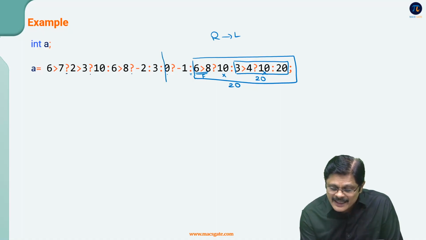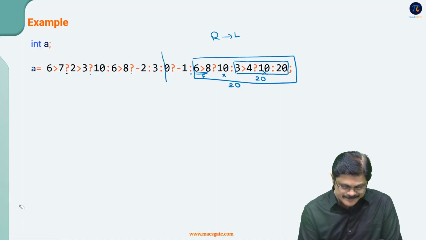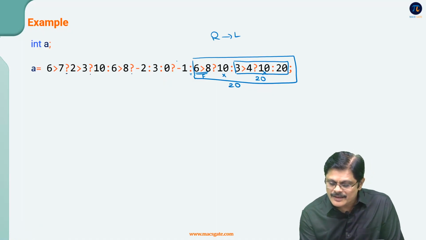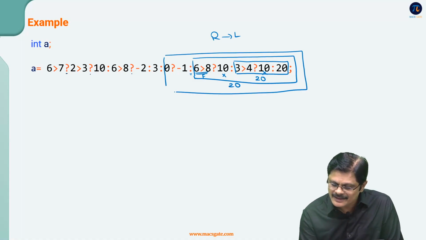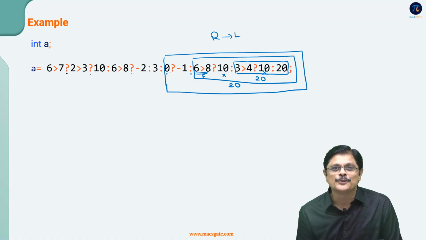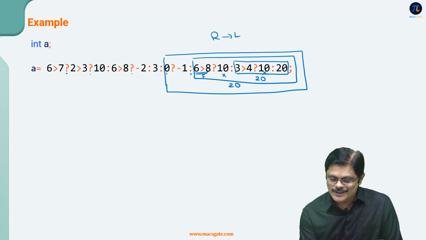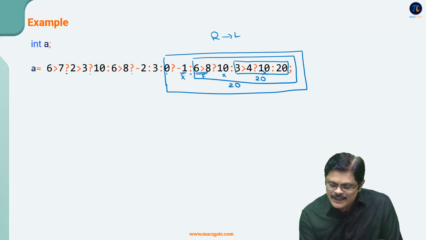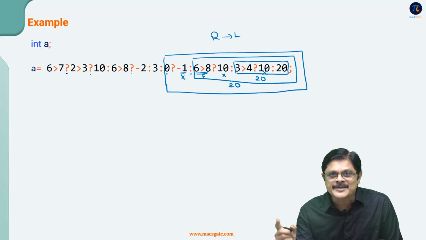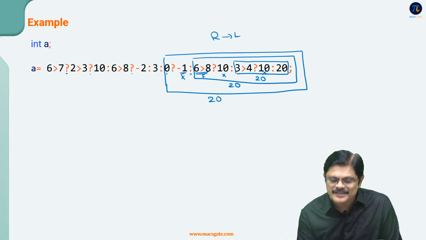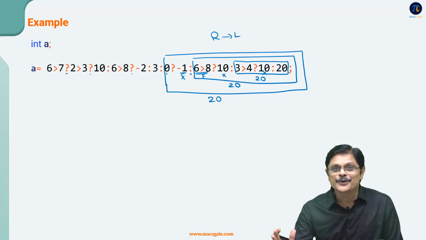Please be careful. This is the next statement, and you see this is 0. 0 means false. So, this is ignored, and the second expression is 20. From here to here the answer is 20.